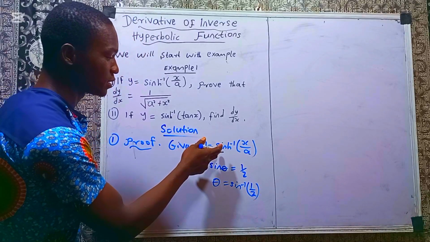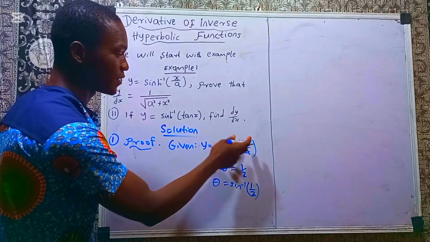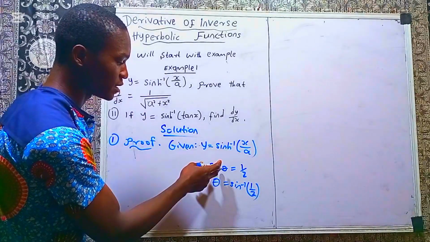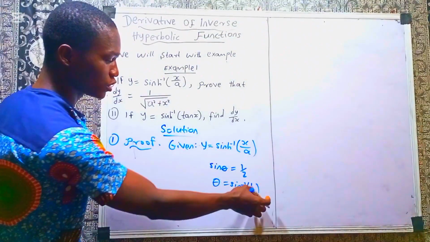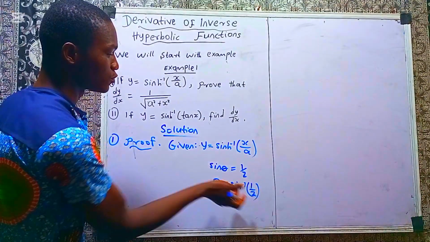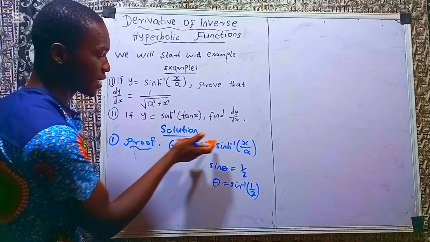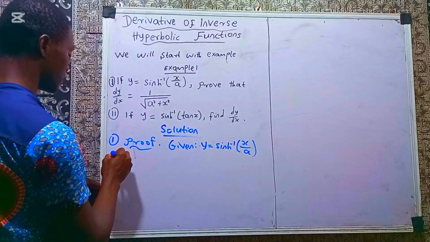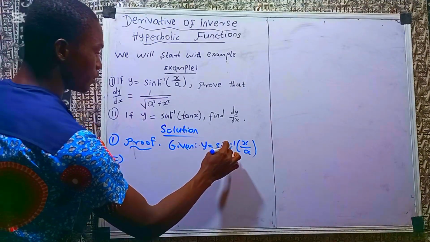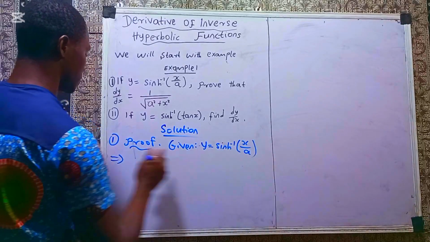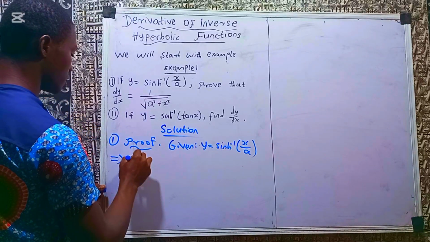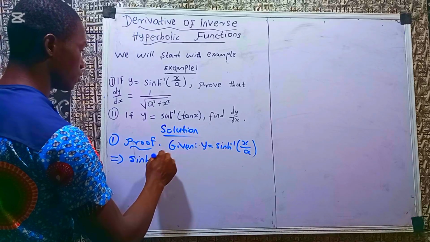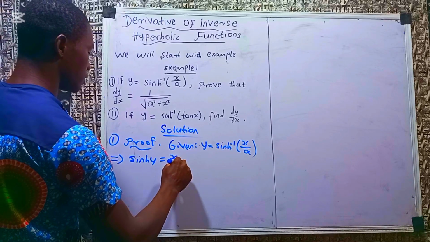Y equals hyperbolic sine inverse of x over a. Now, sine theta was equal to the quantity inside, so we are expecting hyperbolic sine of y to be this quantity here. So this implies that hyperbolic sine of y will be equal to x over a.